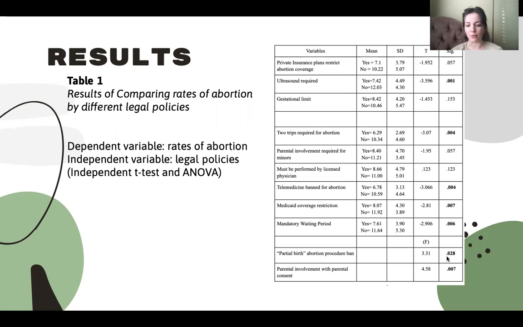The ones in bold, the ones that have a p-value of less than 0.05, are significant. That means that an ultrasound required is statistically significant. And 2 trips required, telemedicine ban, Medicaid coverage, mandatory waiting period, partial birth, and parental involvement are all significant. So that means that there is a difference in means for states that do have these specific policies.